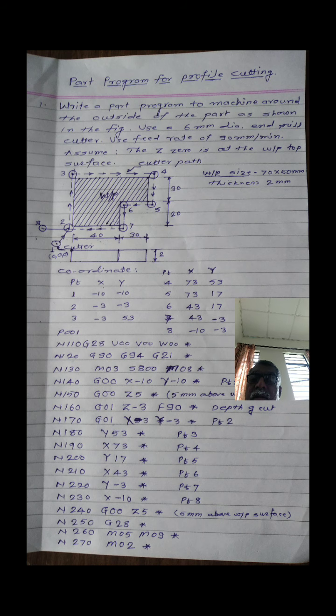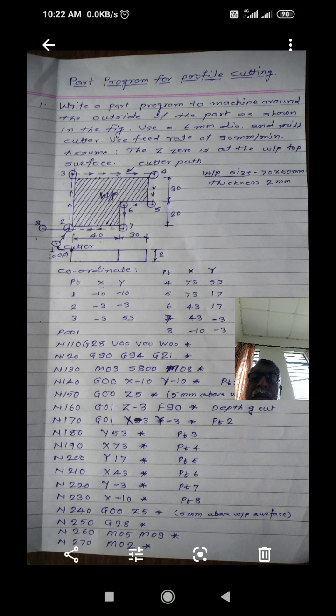Then the next block is similar. N120 G90, G94, G21. Is it okay? G90 is the absolute coordinate measuring system, G94 is feed rate in millimeter per minute, G21 means the metric system is used, that is, all the dimensions are in millimeter, end of the block.